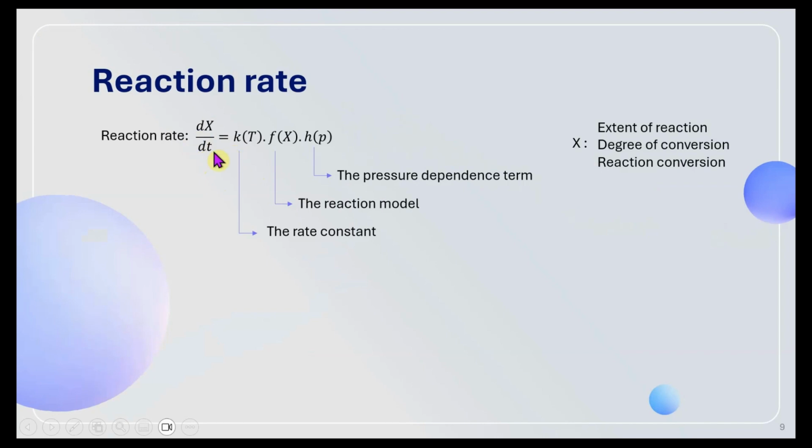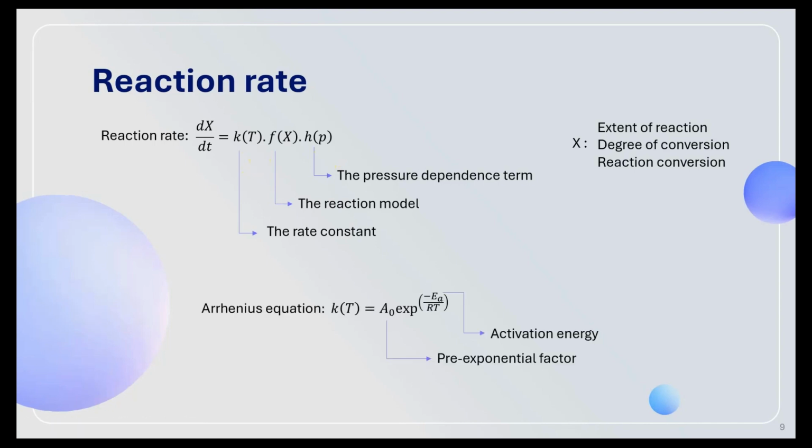This equation consists of three different functions. The first one is a function of temperature, called the rate constant. For this function, we use the Arrhenius equation, and for using it we need two parameters, A sub 0 and the activation energy.